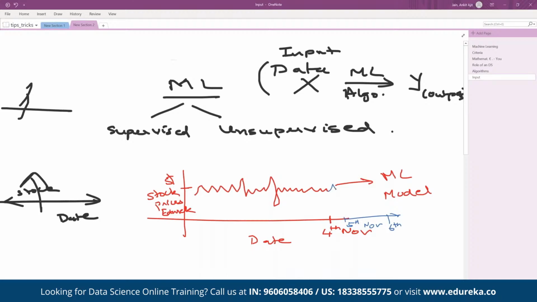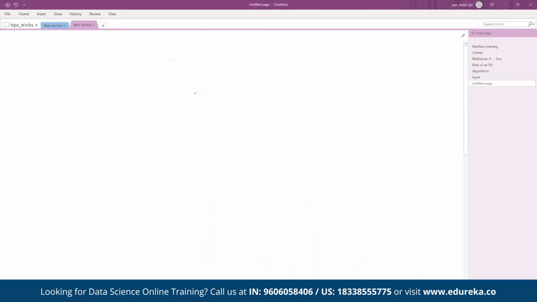Now, how many of you understand that if a machine learning model has been trained from historical data and can predict the prices for tomorrow, imagine how much money we can make out of the share market? We would know exactly whether the prices will go up or down tomorrow. So this is exactly what machine learning is.